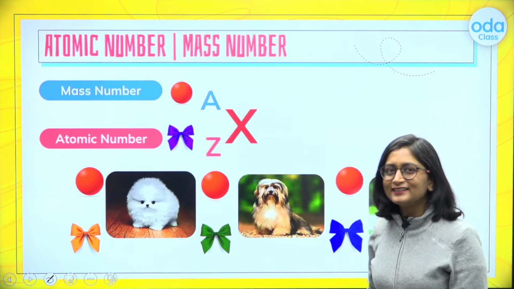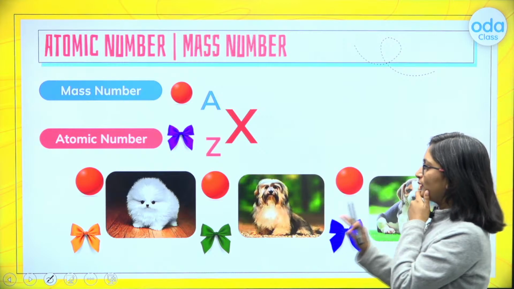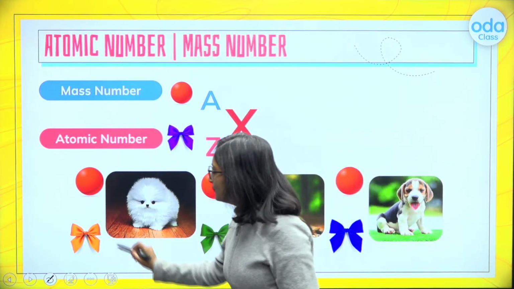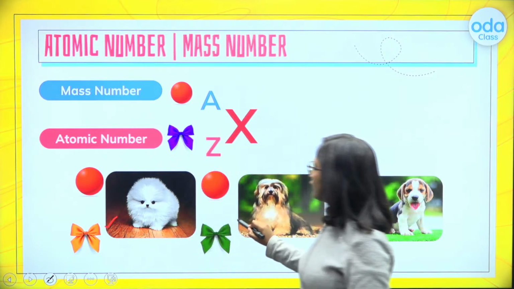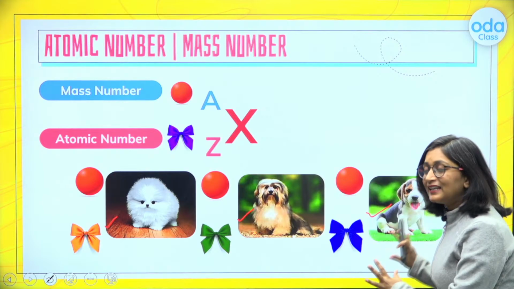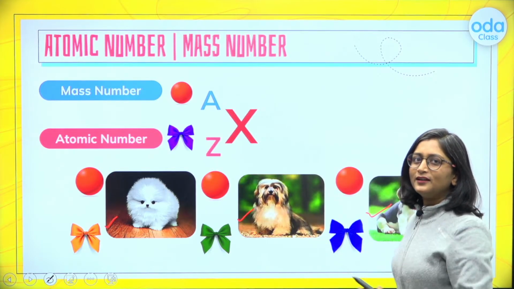But here there are differences in the atomic number. So this is different from this, and this is different from this. So you can say that in this case we have different elements, right?